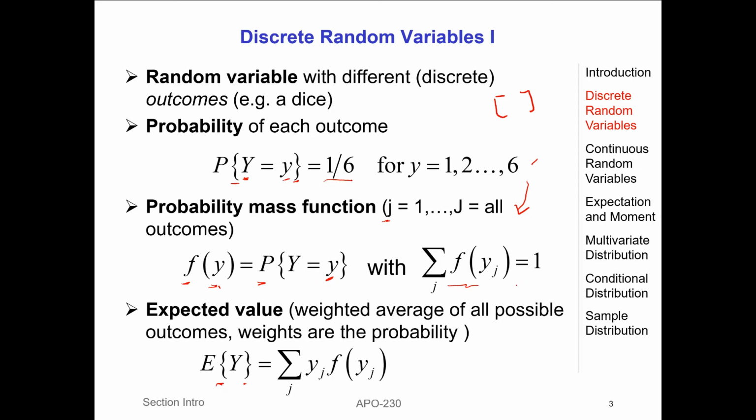Easy, right? We also have the concept of expected value, which I will talk about more in the next slides, denoted as capital E with curly brackets and the random variable inside. In the discrete case, it simply means the weighted average of all possible outcomes, with the weight being the probability.